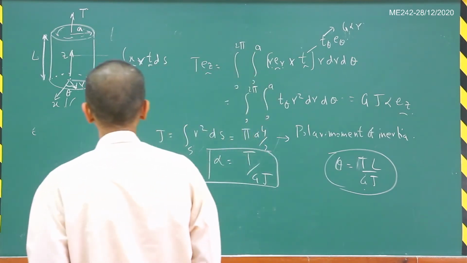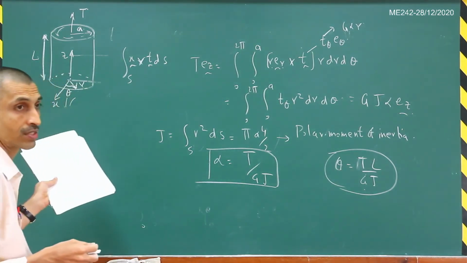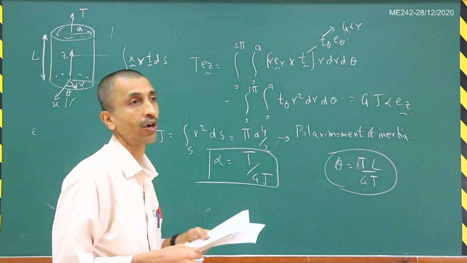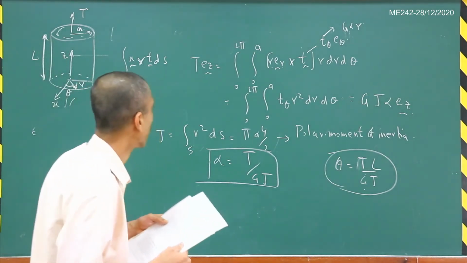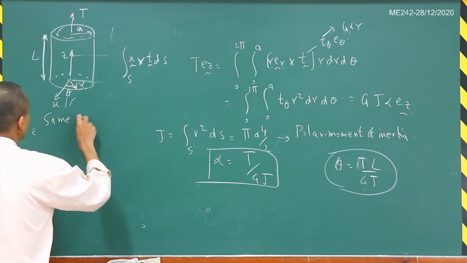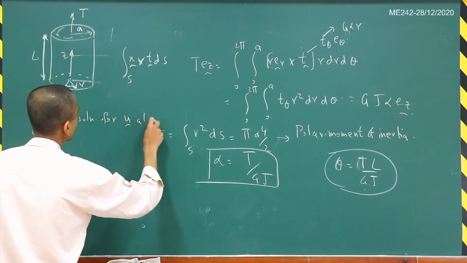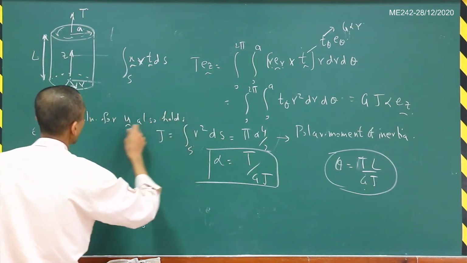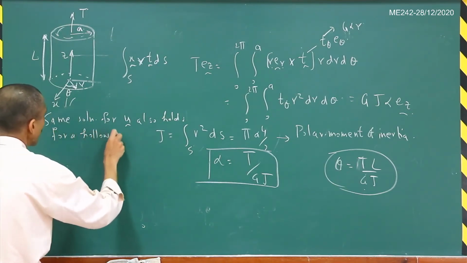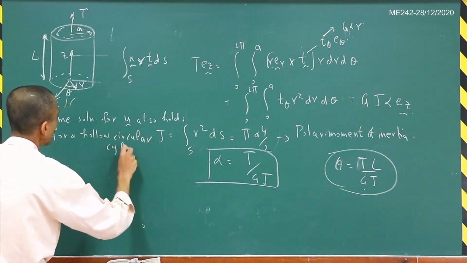So this is the solution for a solid circular cylinder, but the same development will go through for a hollow circular cylinder also. Okay, so the same solution for u also holds for a hollow circular cylinder.